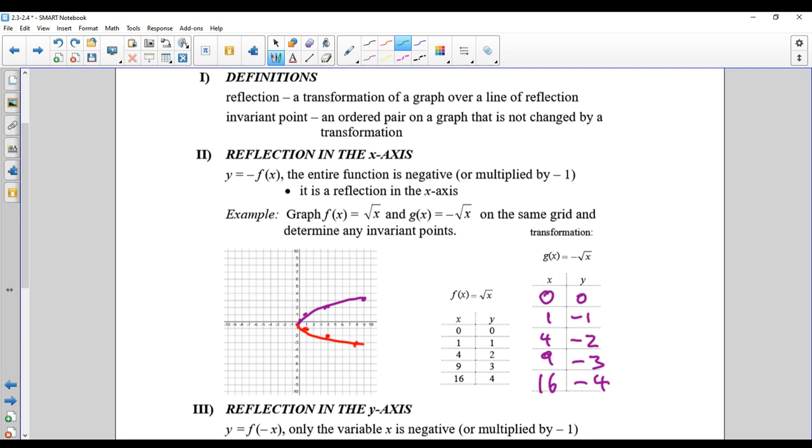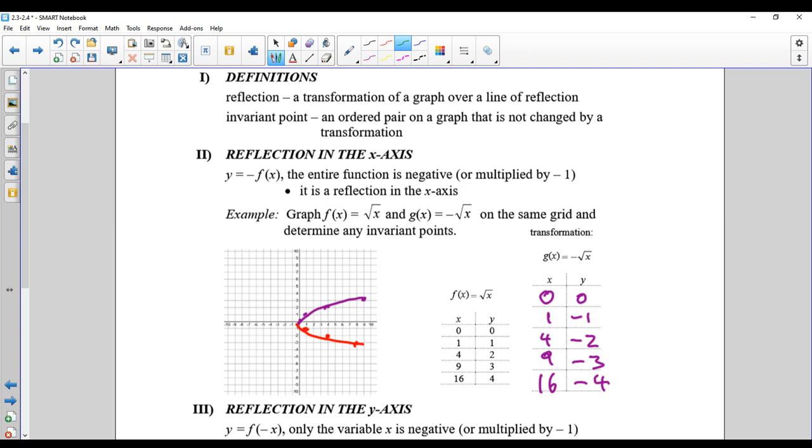You're reflecting it on the x-axis. So if it was on the upper side of the x-axis, it ends up on the lower side of the x-axis. If it had been on the bottom of the x-axis, it would have ended up on the top of the x-axis. So that's what a reflection does. If you look at the axis of reflection, it just goes on the other side of the axis of reflection, is really what it does.